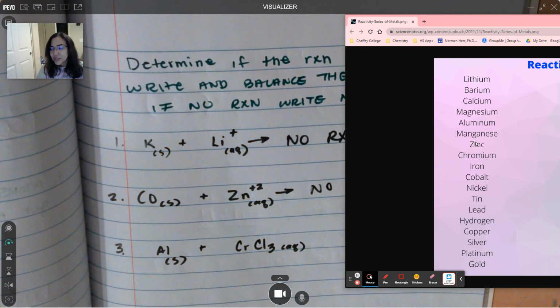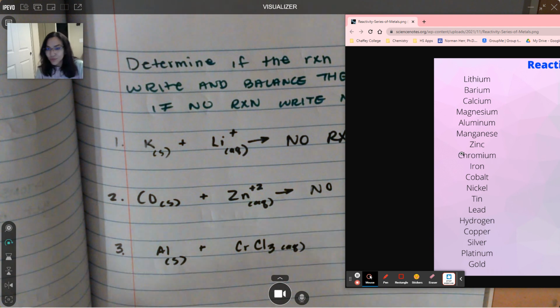All right, next one is aluminum and then our chromium. Will aluminum replace chromium or chrome? All right, here's aluminum and here's chromium, right? Aluminum is above chromium, so we are going to actually have a reaction that's going to occur. So let's write down our reaction.